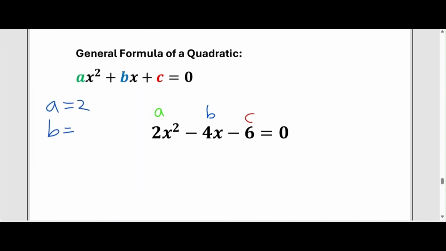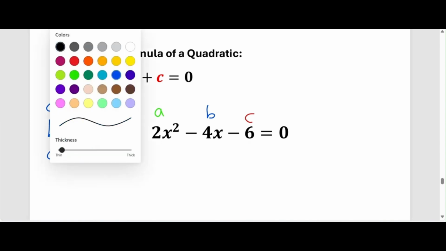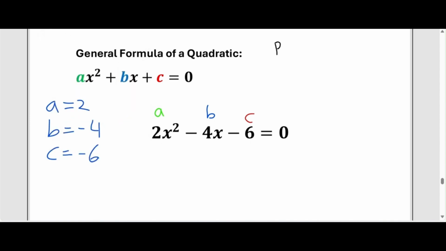And just like with any other factorization problem, we're going to write out what a, b, and c are, as you can see on the left-hand side of the screen. And don't get me wrong, we're still trying to find 2 numbers. But now, here's the kicker, right? These 2 numbers, when multiplied, have to equal a times c instead of just c.